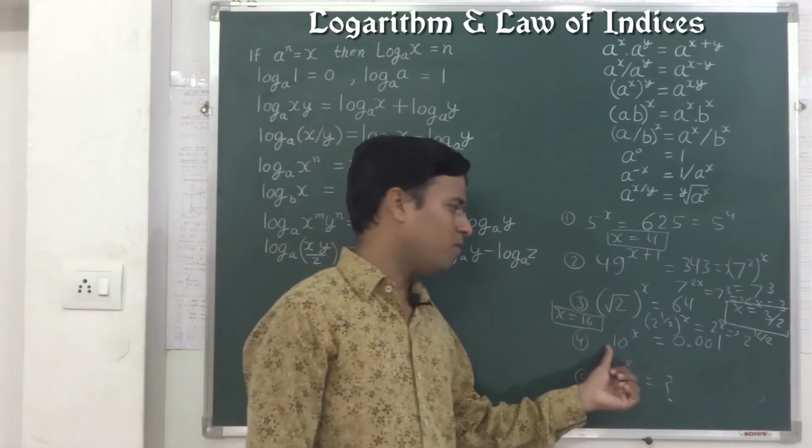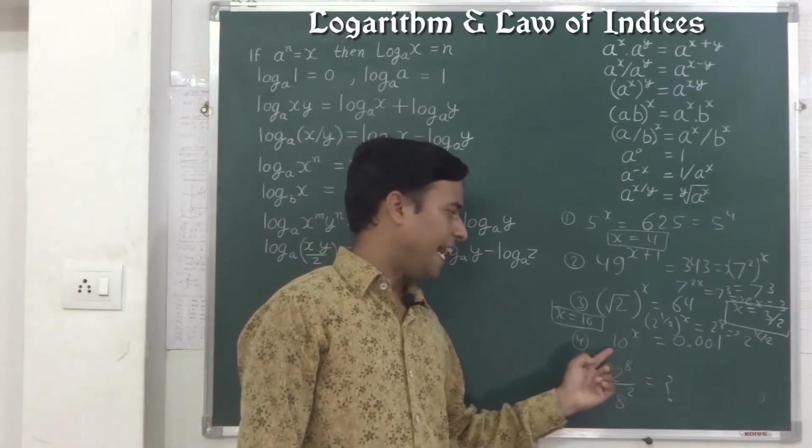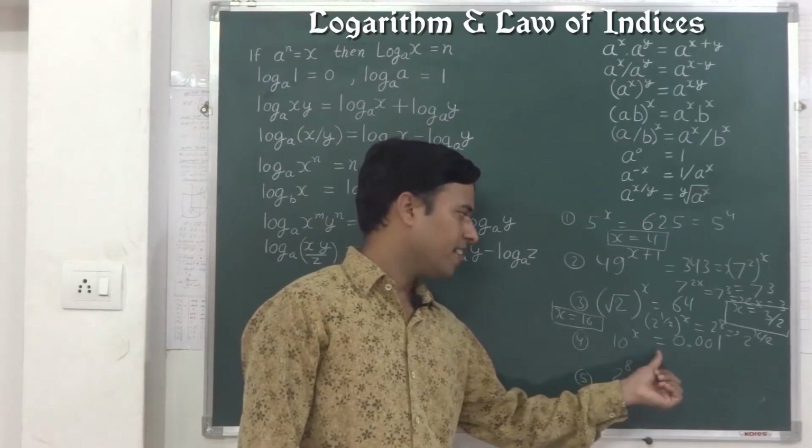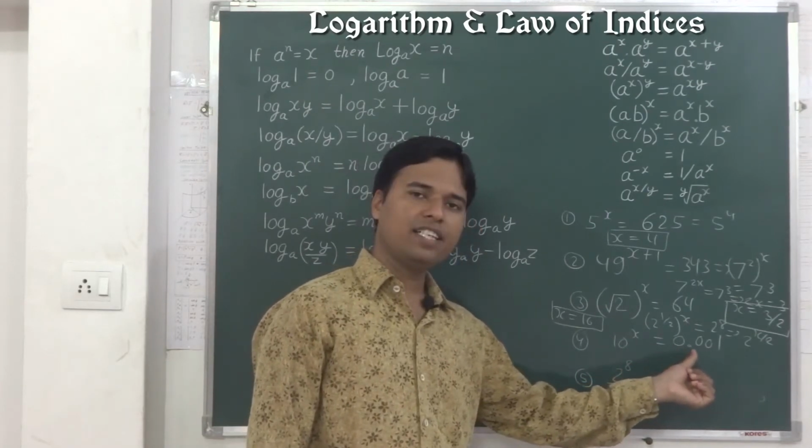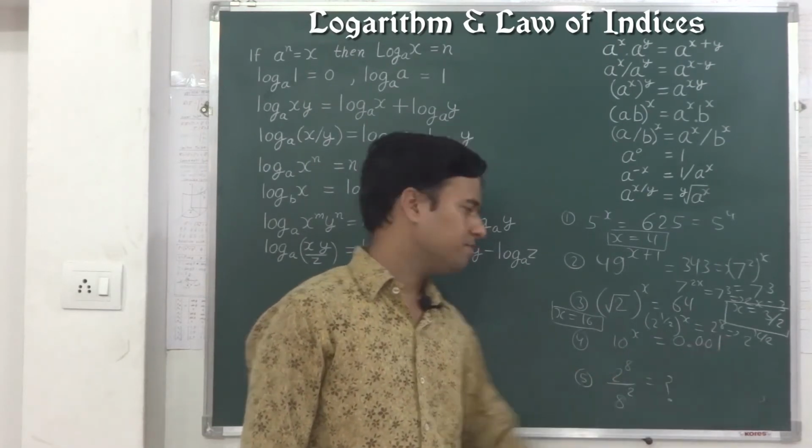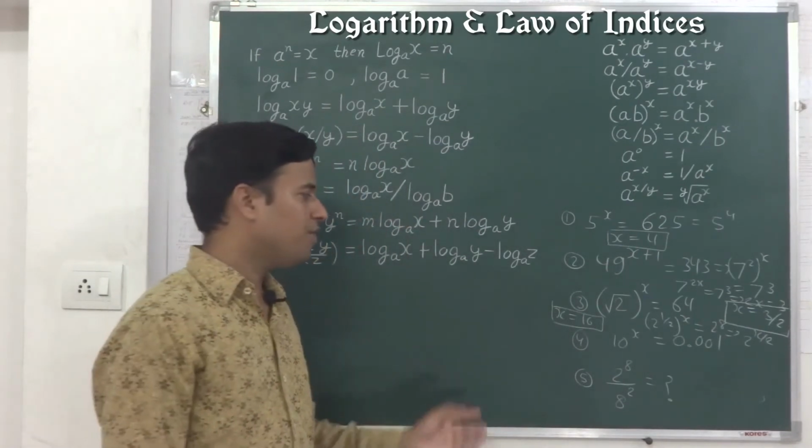In the next problem, number 4, 10 power x is equal to 0.001. What would we do?